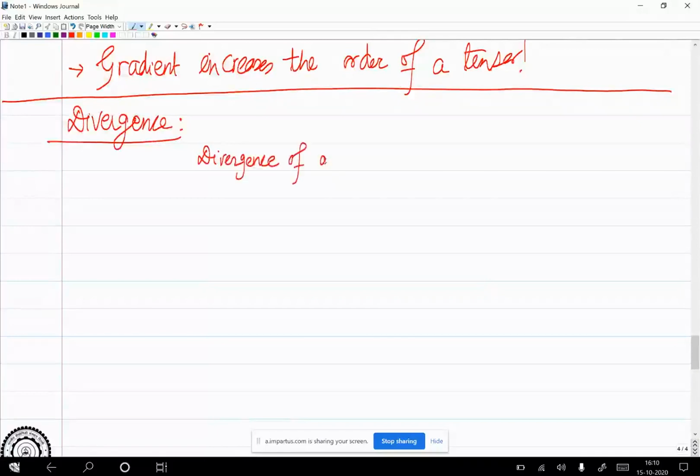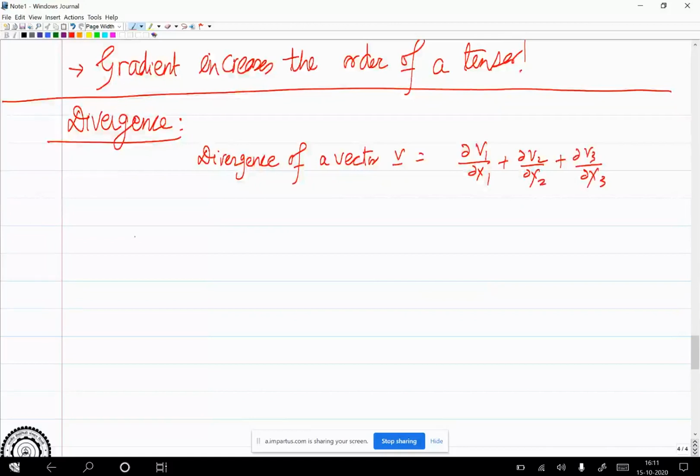The divergence of a vector v, we used to write as del v1 by del x1 plus del v2 by del x2 plus del v3 by del x3, isn't it? But now we'll see that we can do the divergence not just of a vector, but also of a second order tensor, third order tensor, or fourth order tensor.